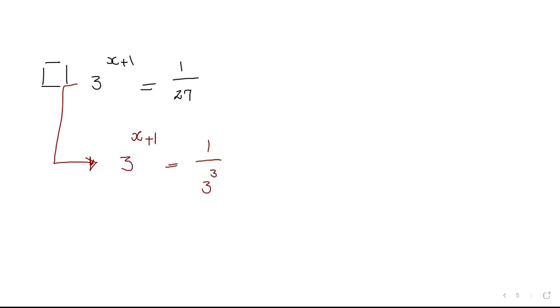Now, we take this one and bring it all the way up, which gets a negative exponent, so it becomes 3 raised to the power x plus 1 equals 3 to the power minus 3.